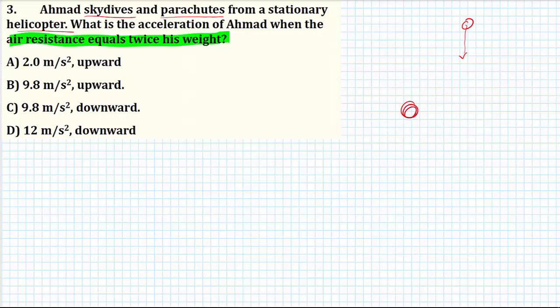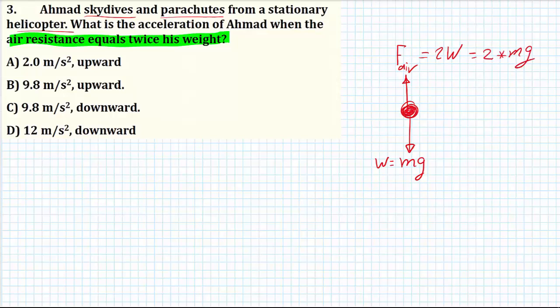Let's draw a free body diagram. That's the object. We have its weight, downward, and upward is the air resistance, which is 2 times W, or we can write it 2 times mg. So it looks like the total force is upward. That means the total acceleration also will be upward.